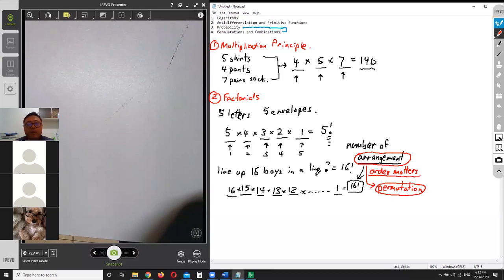We can call an arrangement a permutation, right? How many permutations are there? Well, that's the same as the number of arrangements there are. Got it? Okay. And what's special about a permutation? The order matters. Okay. Now just keep that in the back of your mind.